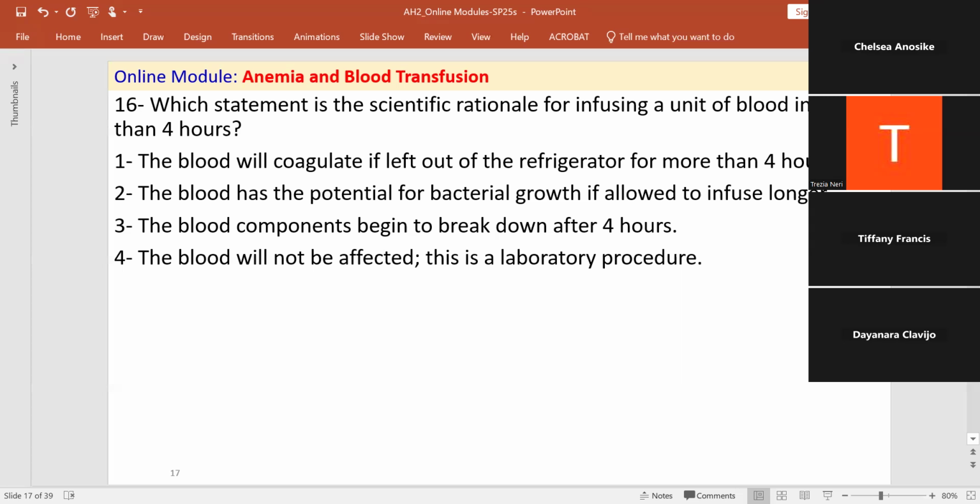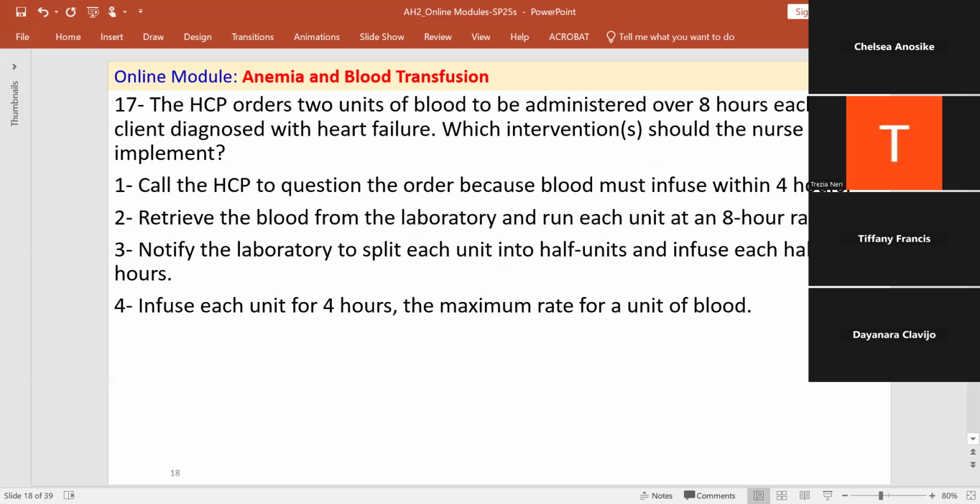And the last one, 4, I'm just going over why 1, 3, and 4 are incorrect. 4 said the blood will not be affected. This is a lab procedure. These are standard nursing and lab procedures, both, to prevent the complications of septicemia. It's not just the lab's responsibility, but also our responsibility to take care of patients, to be an advocate and prevent septicemia and infections for our patients.